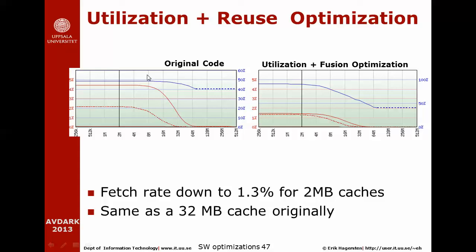So comparing the original code, where we needed 32 megabytes per thread to get down in the 1% fetch ratio area, now we can get the same fetch ratio with only 2 megabytes of cache, and that was the goal of this optimization.